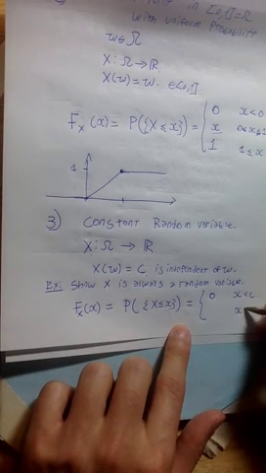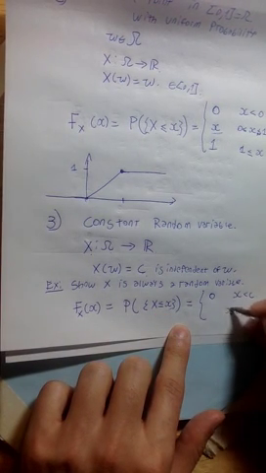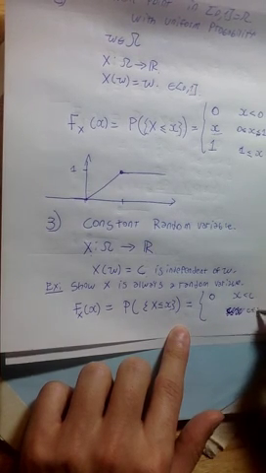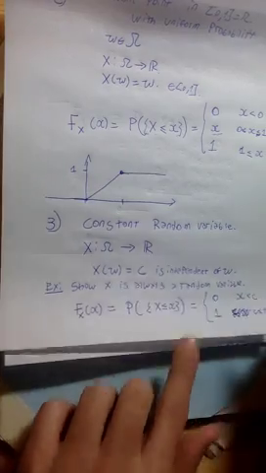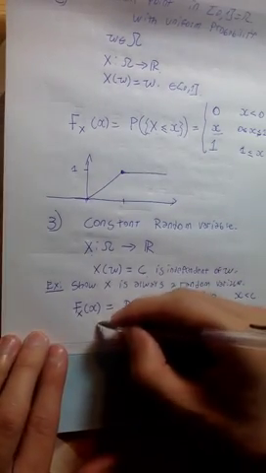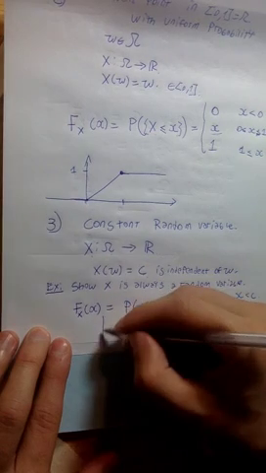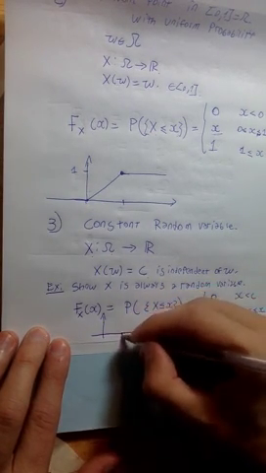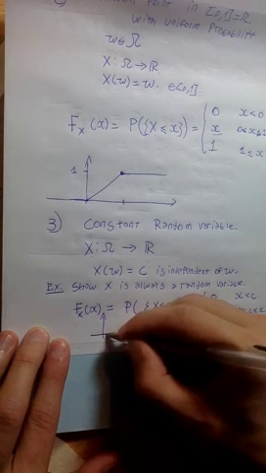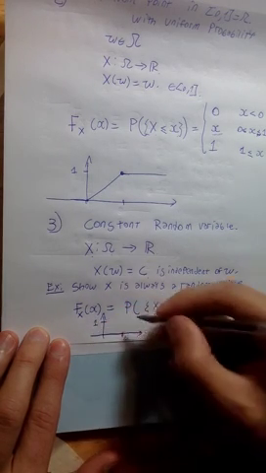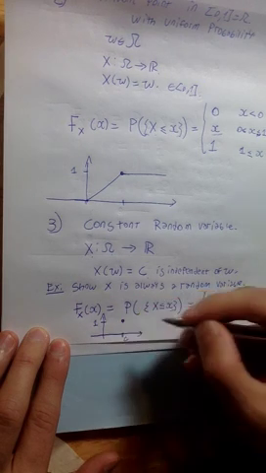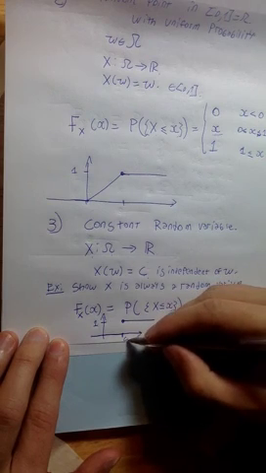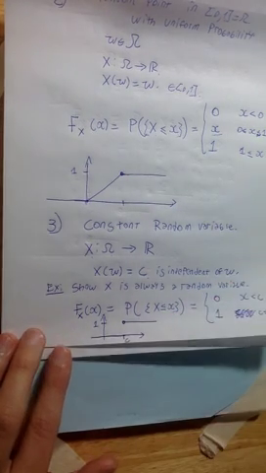But if x is bigger or equal than c, then the probability is 1. In this case, the graph looks something like this. Here you have the value c, it's 0 all the way here, here we have 1, and here we have a right continuous function that takes the value 1 for every value bigger than c.